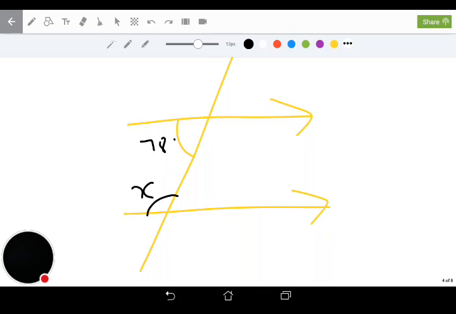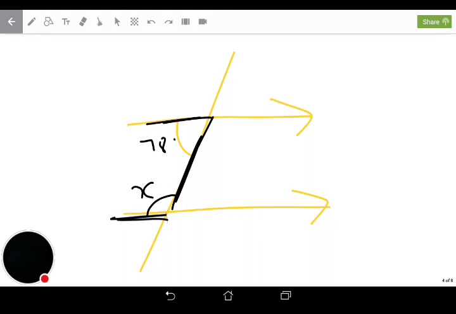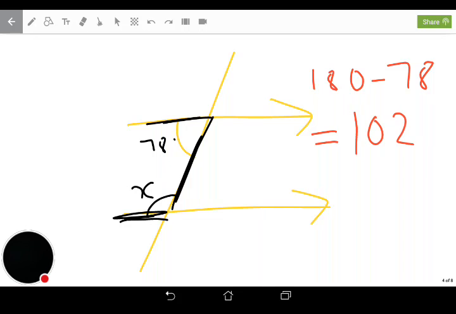Well, as we can see that this is C angles, we know that it should add up to 180 degrees. So it would be 180 minus your 78 to work out what's left, which would leave you with 102 degrees. So you'd say X is 102 degrees, and if you had to give a reason, you'd say it's because they are co-interior angles.